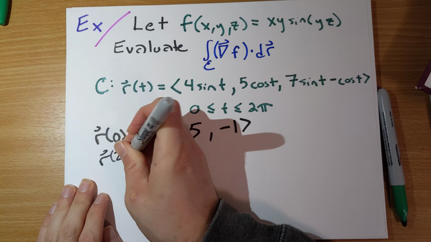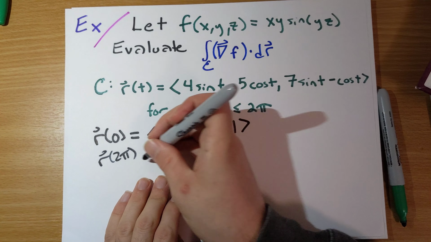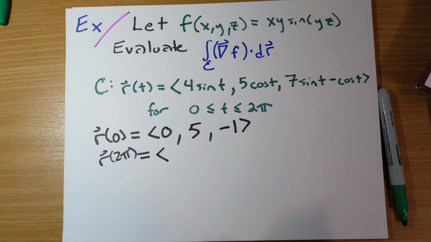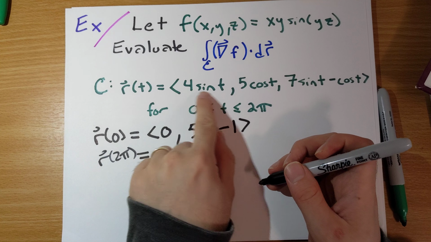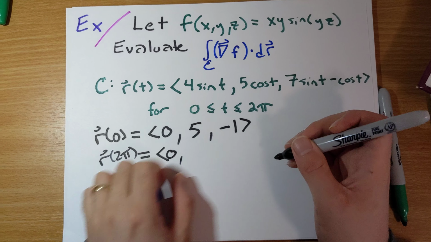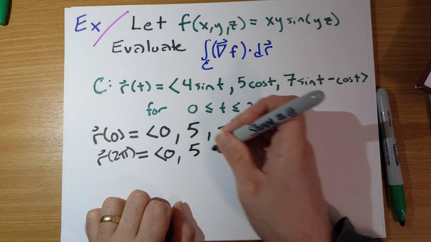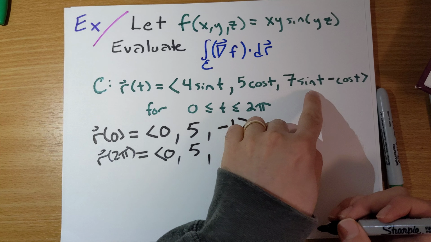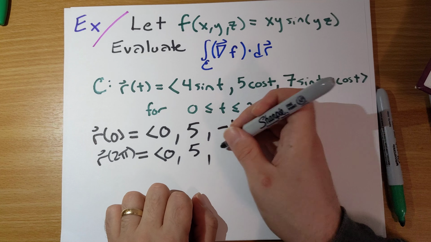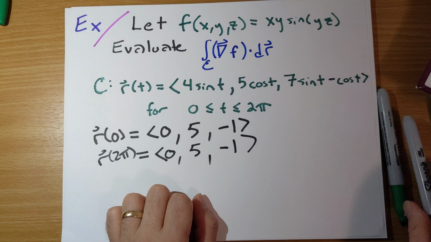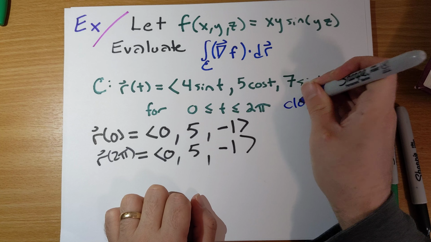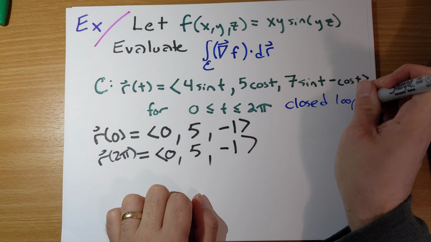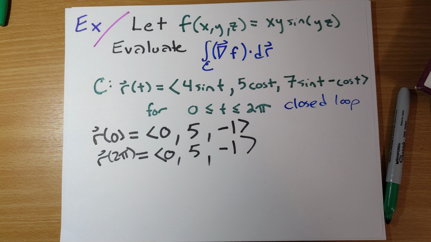And r of 2 pi, that's our ending point: 4 times sine of 2 pi is 0, 5 times cosine of 2 pi is 5, 7 times sine of 2 pi minus cosine 2 pi is negative 1. So this is a closed loop because we're starting and ending at the same place.